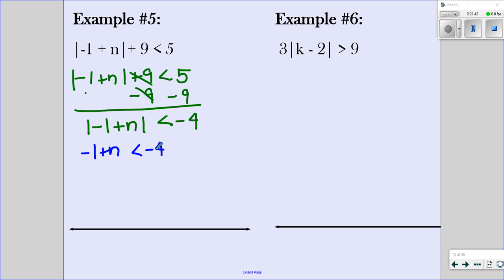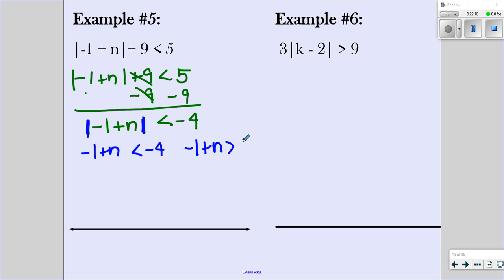Notice that the number here, negative 4, we should have a positive. So before you even do anything, notice that our distance is negative. If our distance is negative, we're not going to have a solution. But let's work it out and see what happens.